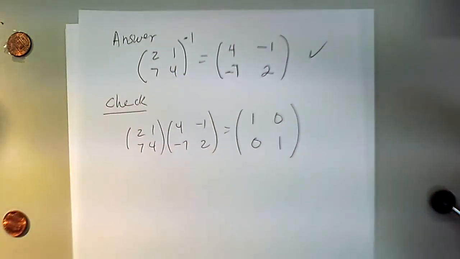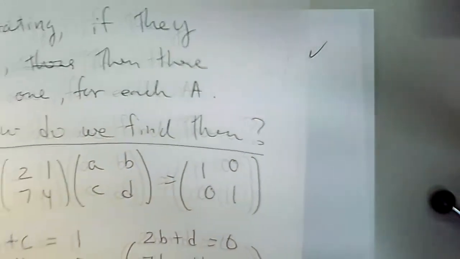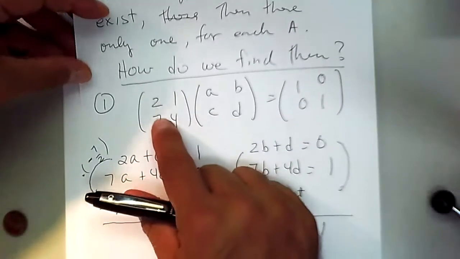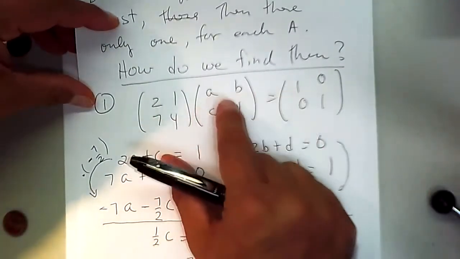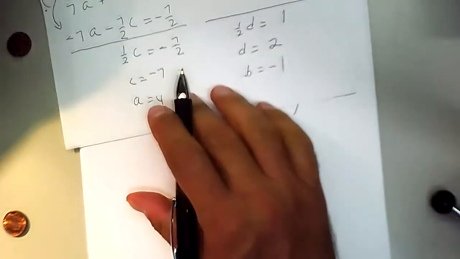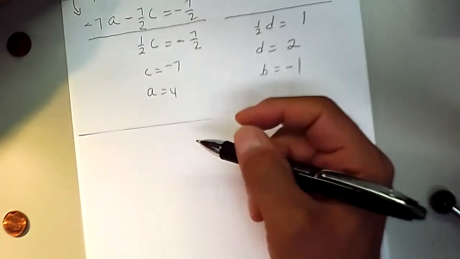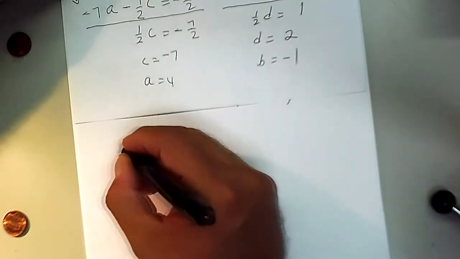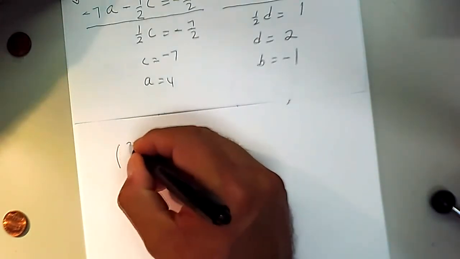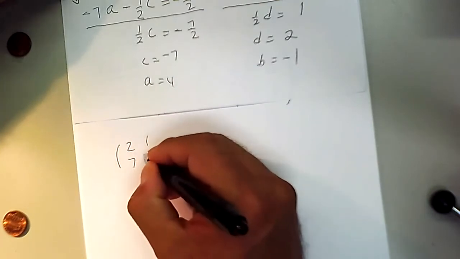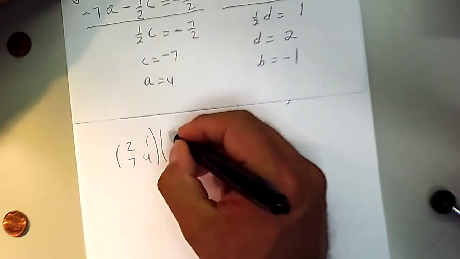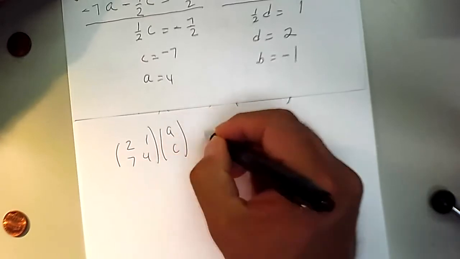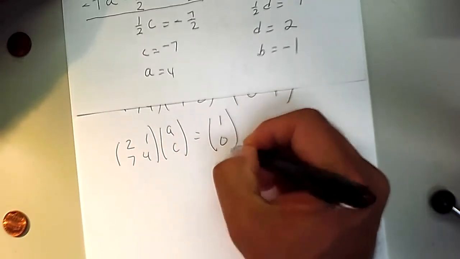Something that we should also notice is that we solved this equation for the whole entire matrix, but we could split up the problem into more problems that are each one of them simpler. So sometimes we want to do this, 2, 1, 7, 4, and we want to find the vector AC that causes 1, 0.